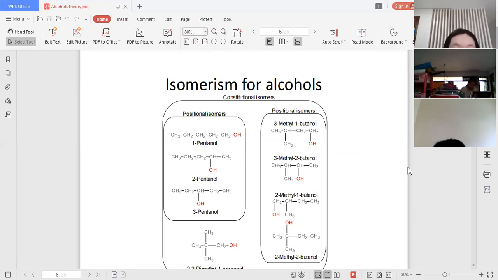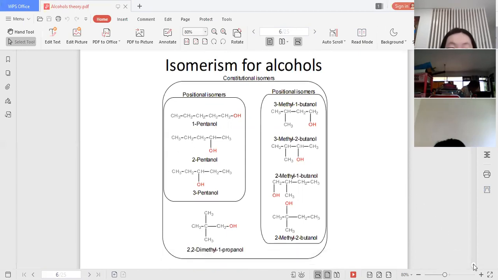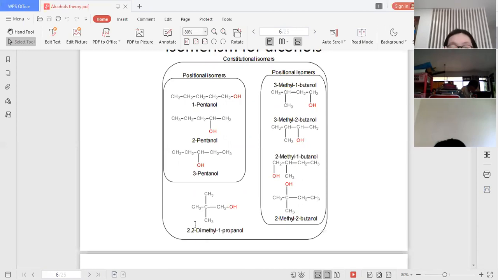Okay, so in here there is a positional isomer for 2,2-dimethyl propan-1-ol. So the positional isomer can be pentanol, can be 2-pentanol, 3-pentanol.